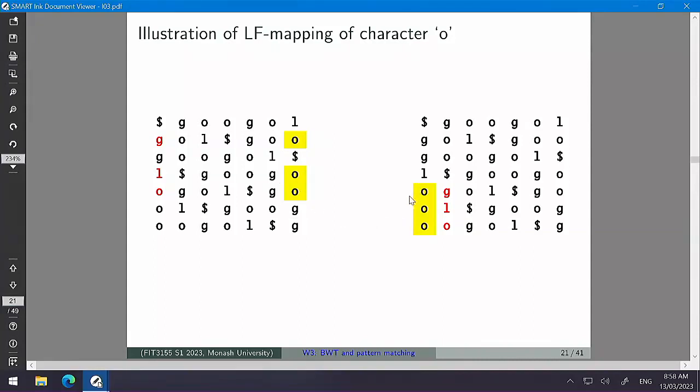In the first column of that cyclic permutation matrix, can you see that these O's have to fall together? That's the definition of being sorted, isn't it? All O's have to be grouped together. You cannot have O and A and then something else. It's not sorted. Okay? So go back again.